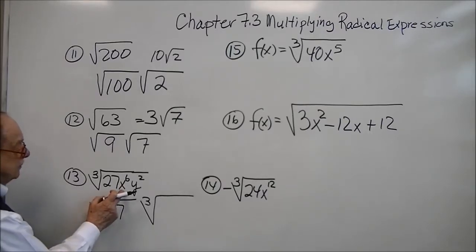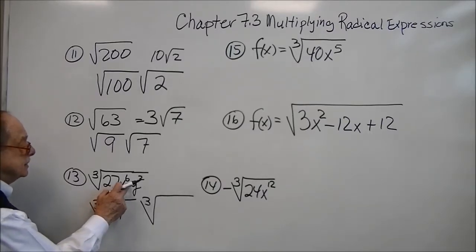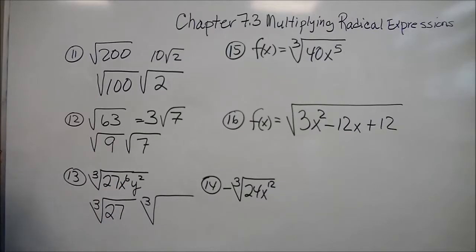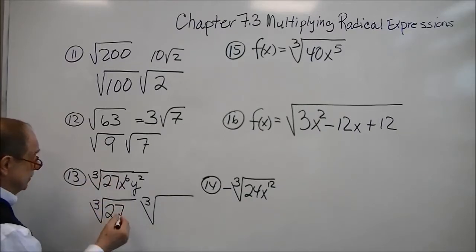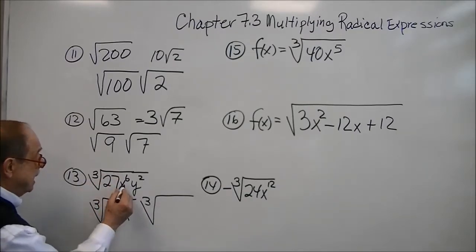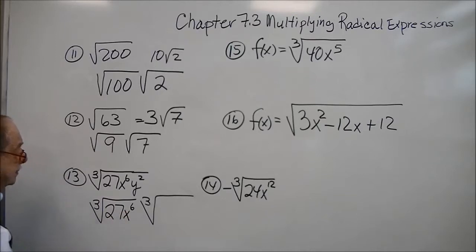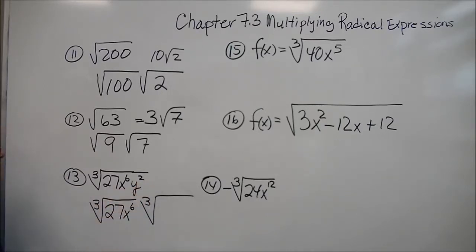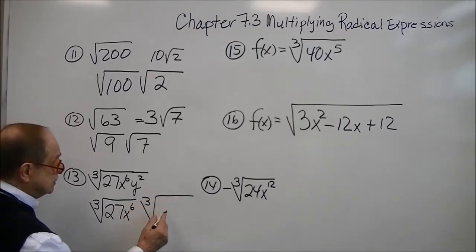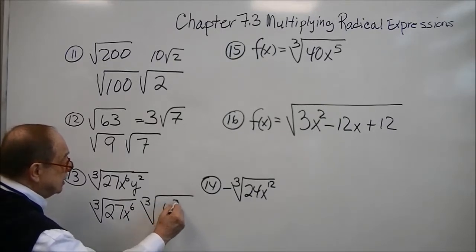Now how about factors of x to the 6th that are a perfect cube? Well, how can you tell? Well, you just divide 6 by 3, and that's a perfect cube right there. X to the 6th. Now, when you get to y to the 2nd, there's no factor of y to the 2nd that's a perfect cube. So that goes into your other radical sign.